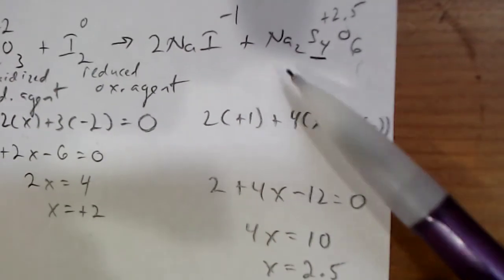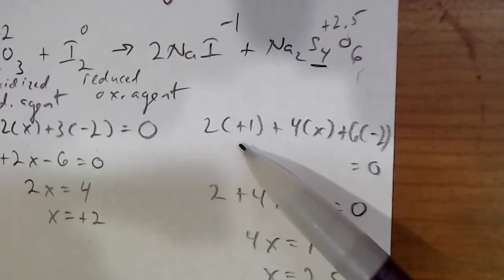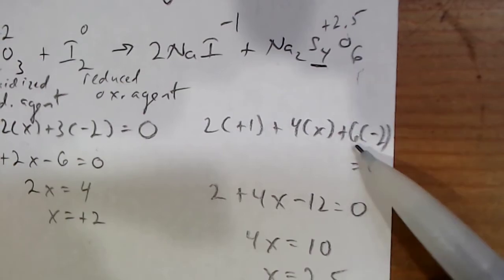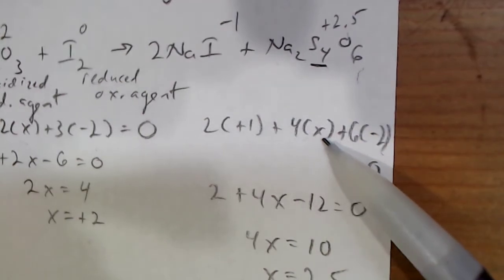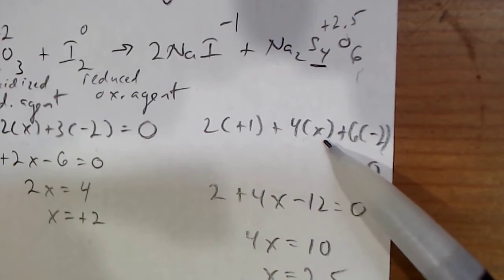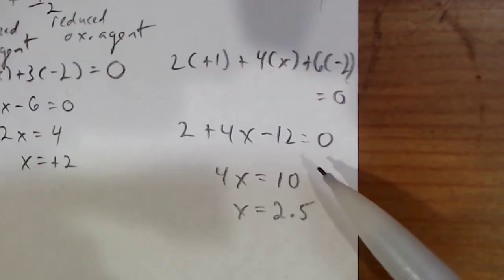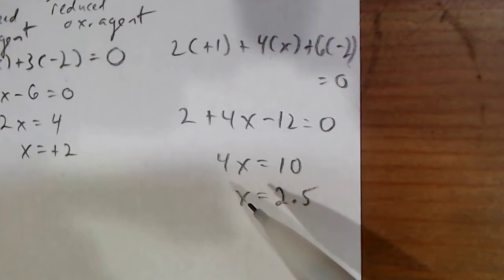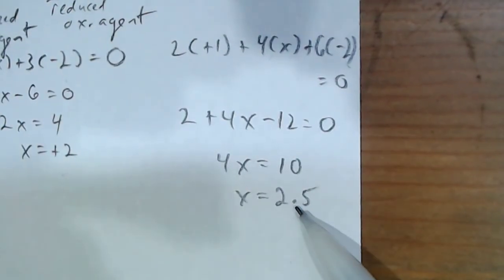But then later on, there were 2 sodiums of +1 oxidation number, 6 oxygens of -2 oxidation number, and 4 sulfurs of unknown oxidation number. That's the one that changes, sulfur, or phosphorus, or arsenic, or chlorine, or bromine, or iodine. Oxygen doesn't change very much. Fluorine doesn't change. All right, so you solve for X, and whoa, it's not even a whole number.